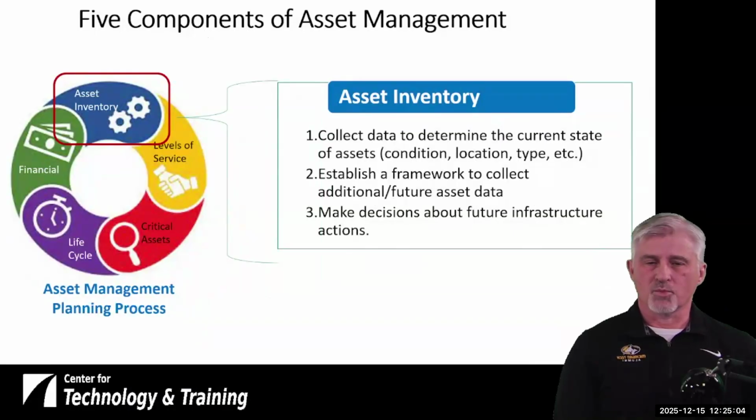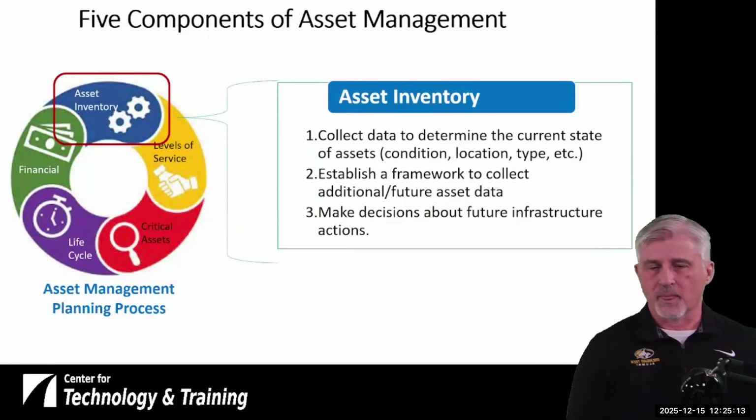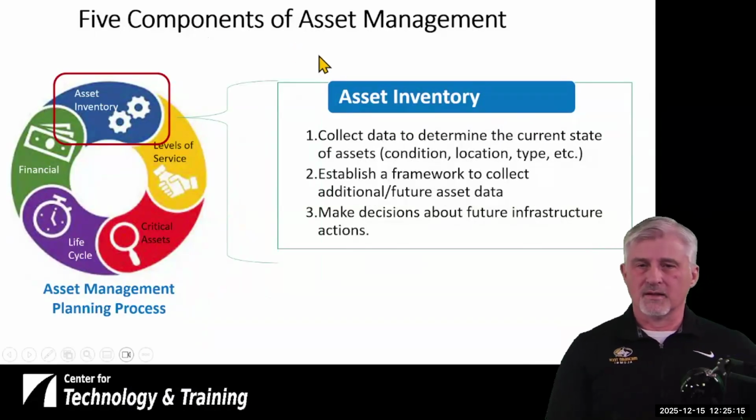And the important thing is that we get at least a minimal amount. I hate to see that people don't start because they don't have all the information. So you need to get some, but you can't let it hold you up from working forward through the process. And then establish a framework to collect additional and future asset data.